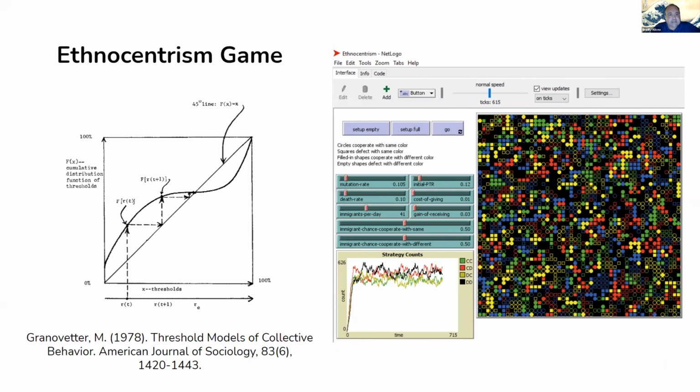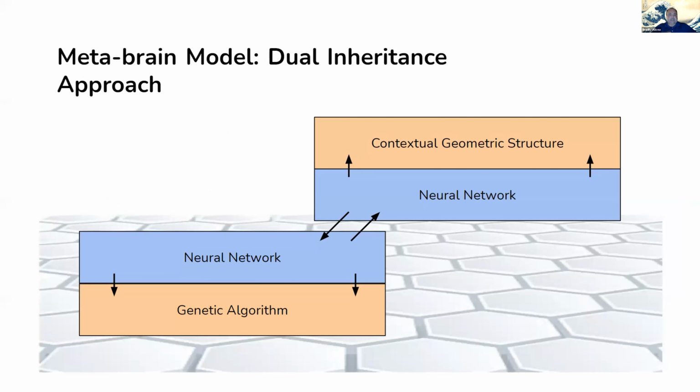And so we have many things going on here. We can also use something like a dual inheritance approach, where you have a genetic algorithm and a neural network working together, and then one of these contextual geometric structures in a neural network working together, and they're exchanging information.